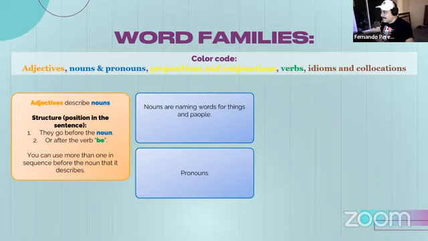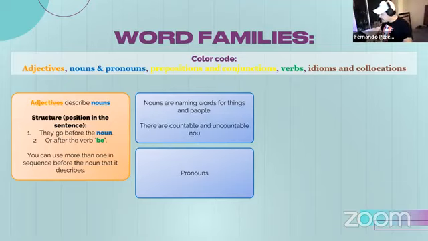You see? Therefore, Isaac said very accurately, there are countable and uncountable nouns.